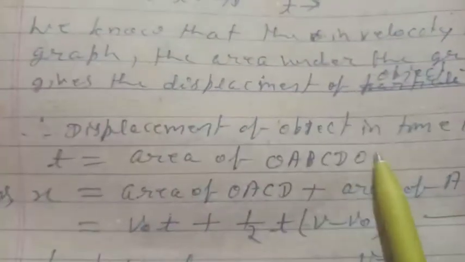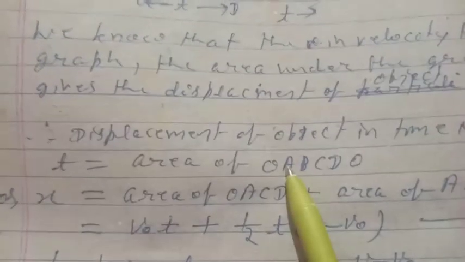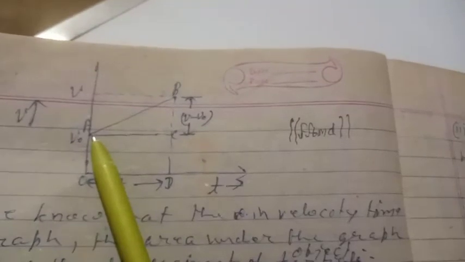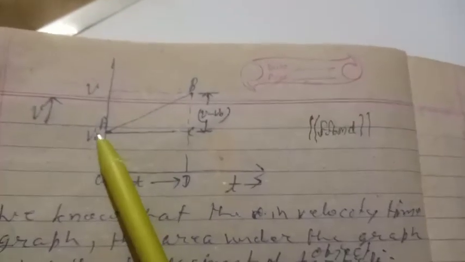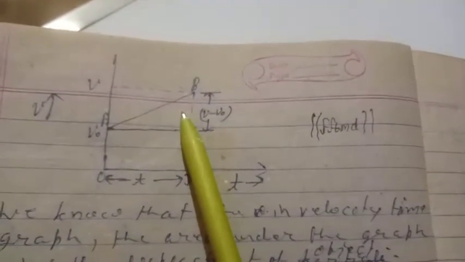So x equals the area of OABCD. Now this area can be divided into two parts: area of OACD, which is a rectangle, plus area of ABC, which is a triangle.